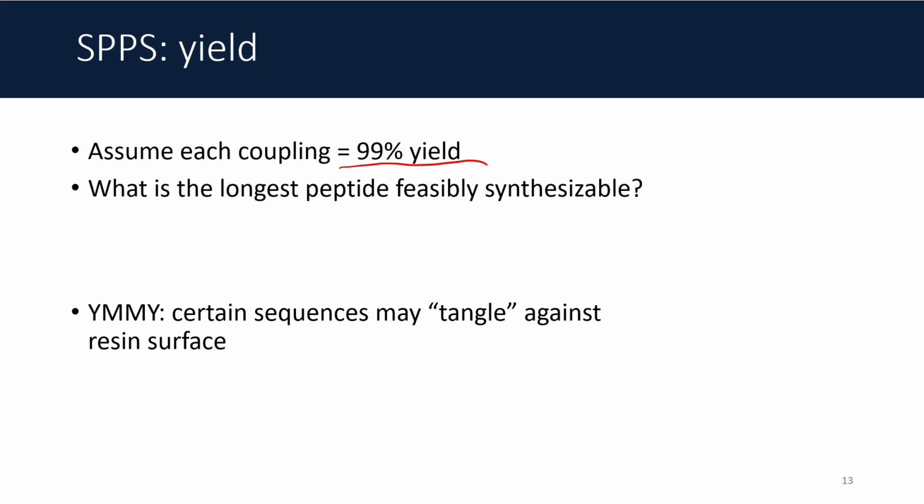What happens, though, when you iterate or repeat a 99% successful reaction with another 99% successful reaction for however many amino acids you have in your sequence? How quickly do those 1% of mistakes accumulate?